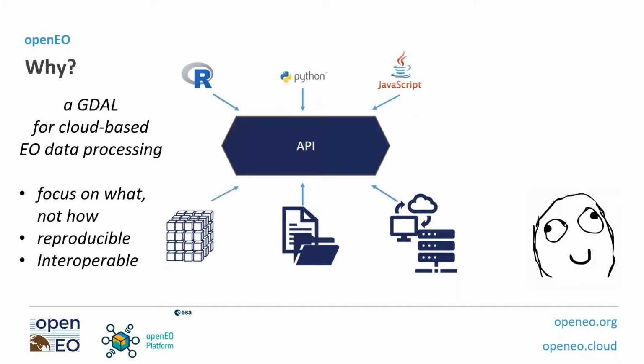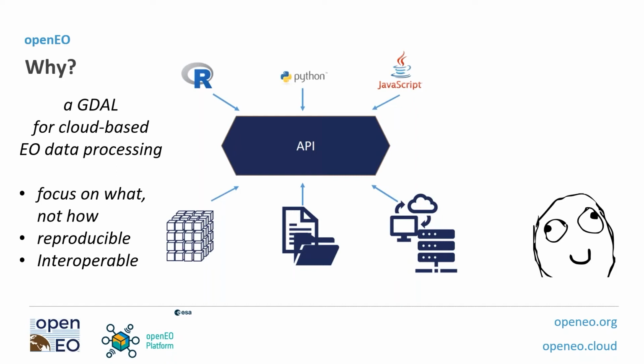So our vision was to have an API that sits in between and translates all the requests, and focuses on what the user needs and wants to achieve, and not how to do it. Not to learn a specific API for each of the providers, wherever the data set is that he needs.